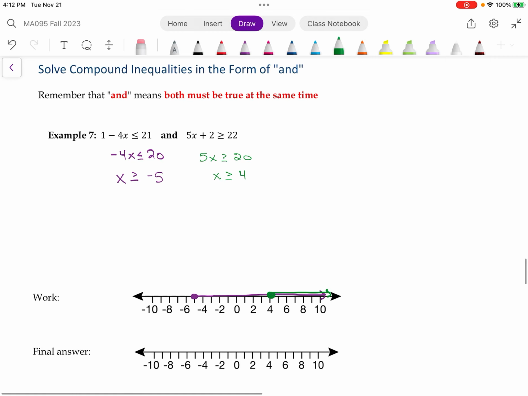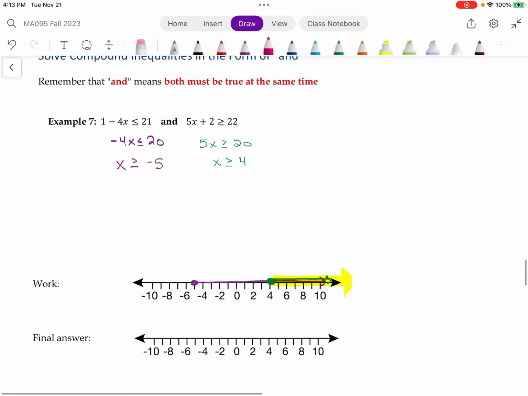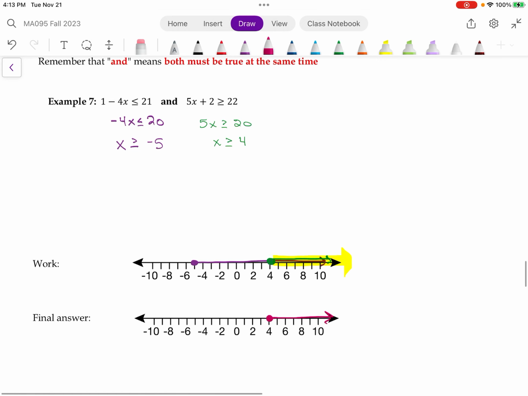Where are they overlapping? That is going to be right here. So this is what you would put into your answer in the computer, not the work. That would be just this part. That's where they overlap. All right, so that's your answer.